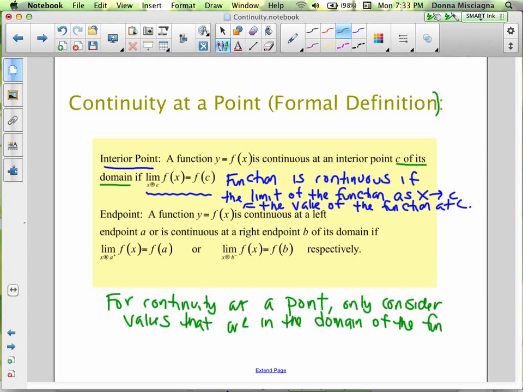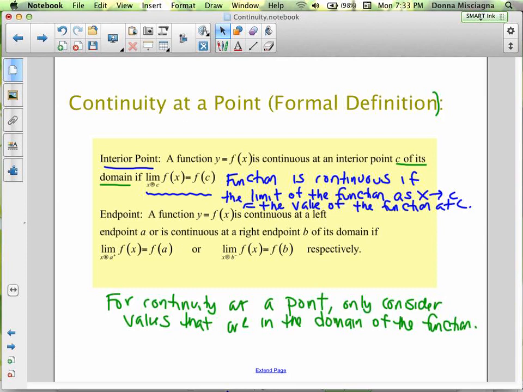So we're going to be looking at values that are actually in the domain of our function for continuity. And we'll look at continuity in two different ways. But that's what that C of its domain means: right now we're considering only points that are in the domain of the function.